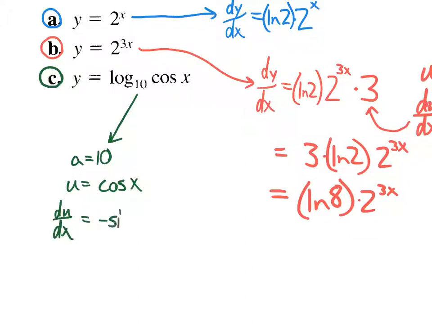So dy/dx is going to be, remember the u prime over u idea? It's the same thing here. We're going to have du/dx over u times ln of a.